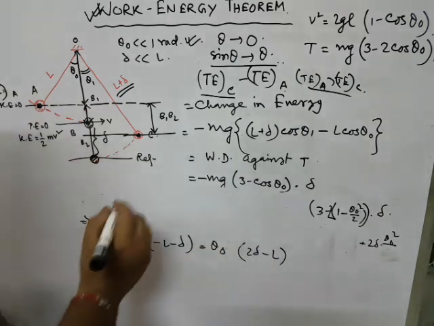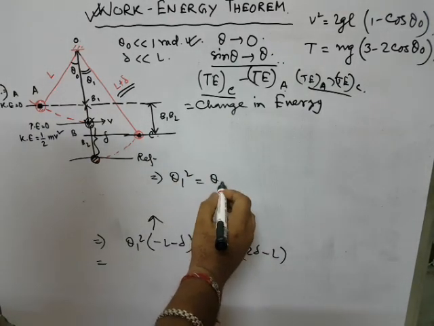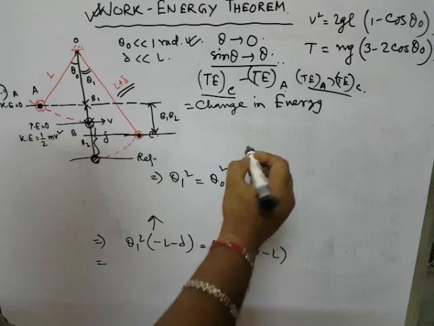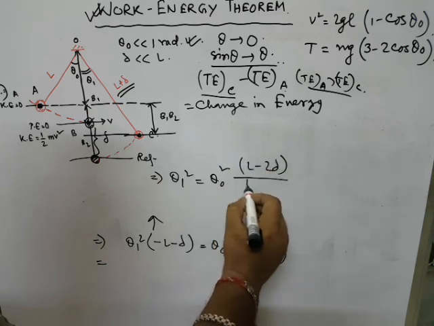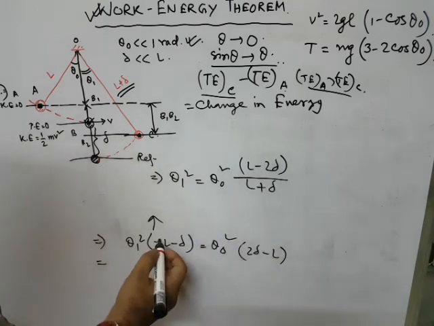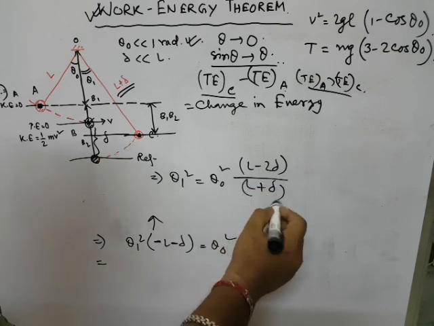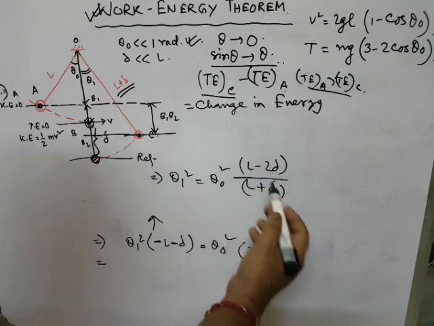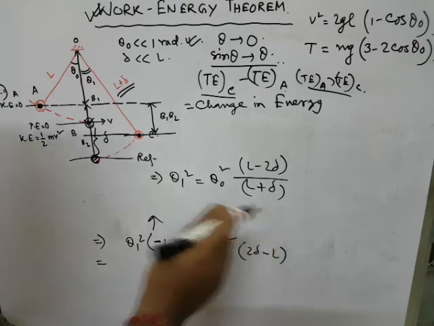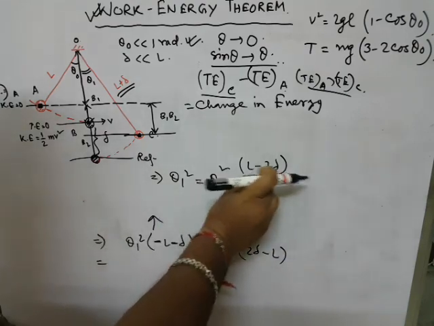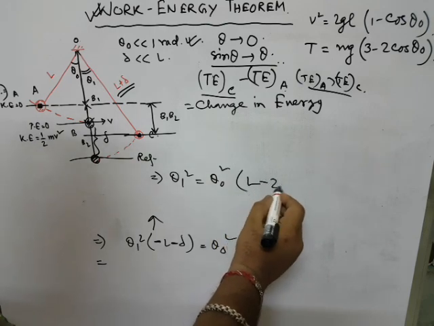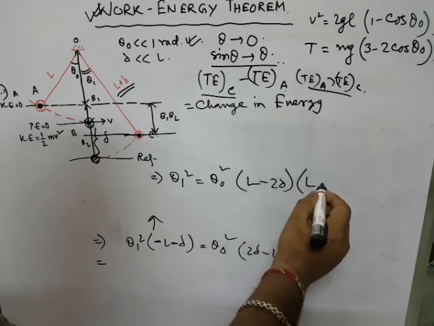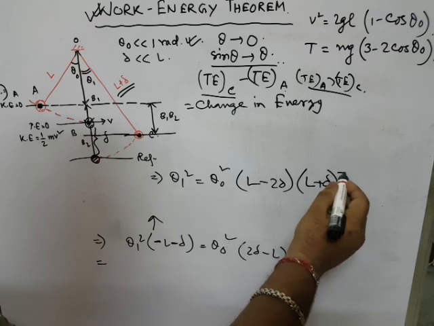So from here we'll get θ1² equals θ0² (L − 2δ) divided by (L + δ), because minus L minus δ, we are taking the minus and cancelling out the minus from here, so we'll get 2δ minus L. So if we take it upwards, we'll get (L − 2δ) into (L + δ) inverse.